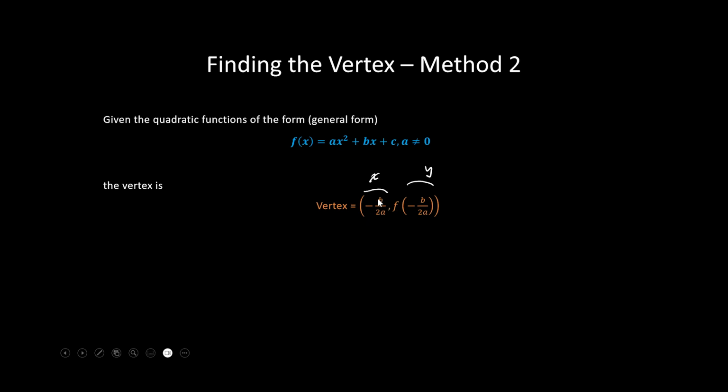And whatever number we get, we plug it in for x to get the y. That is f of negative b over 2a. So this is the vertex, straight out, and the axis of symmetry obviously is x equals negative b over 2a. But this doesn't change form. It just stays the same. So these are the two methods that will allow us to analyze quadratic functions.